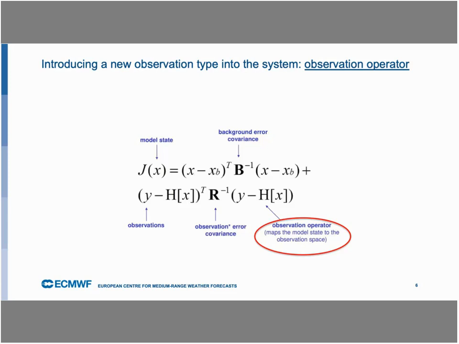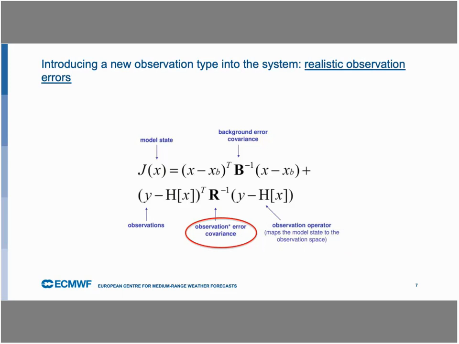For the level 2 retrievals, the observation operator is interpolating the model temperature and humidity and possibly ozone profile into the observation location, both in horizontal and in vertical. And then the second very important part is the errors for the observations.